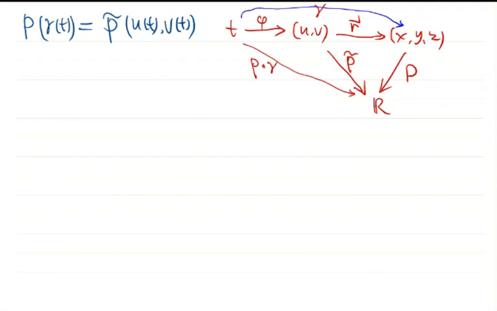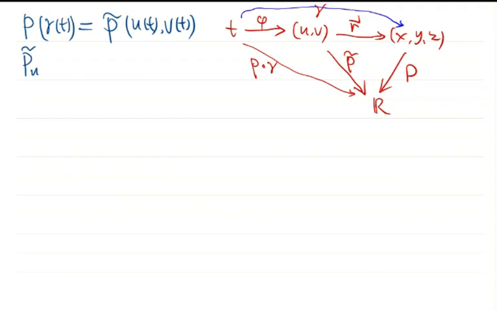You can make the relation between the variables clear from this diagram. Also consider the partial derivative of P tilde with respect to U, because P tilde is a function of (U,V).